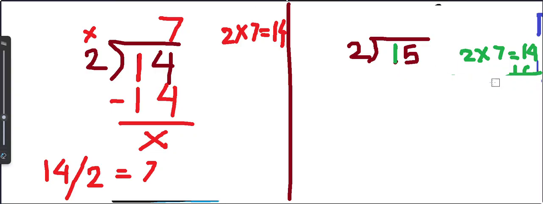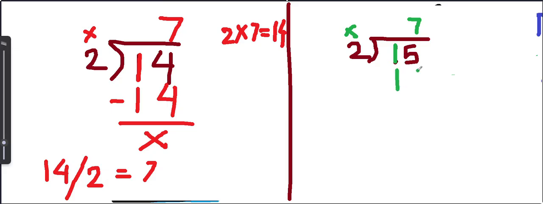So we are going to choose 2 times 7 equals 14. Let's do that. So 2 times 7, which is going on top of 5 because 15 is working as a group over here. 2 times 7 is equal to 14. I'm going to subtract it. So 15 minus 14 is equal to 1.